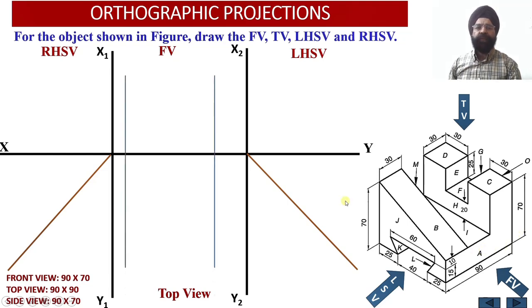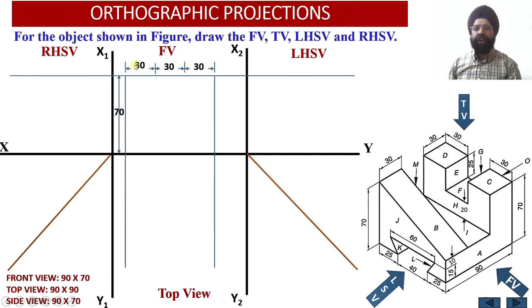Now let us start with the front view. In the front view we know that the width of the solid happens to be 90 millimeter. So we have kept the distance between these two projector lines as 90 millimeter, and the height of the solid is equal to 70 millimeter. So we have marked the height and the width of the solid over here. This 90 millimeter, please check, we have divided into three parts.